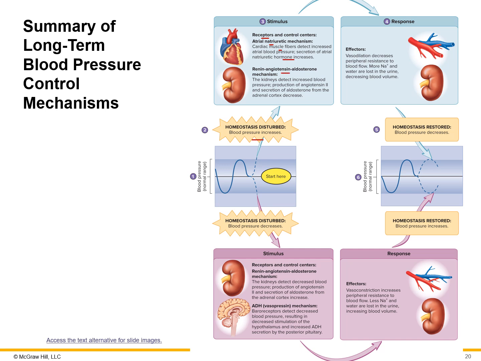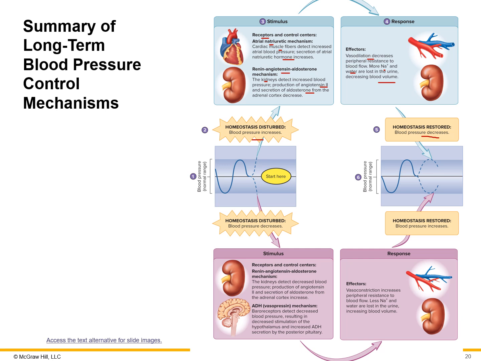We also get the renin-angiotensin-aldosterone mechanism in our kidneys that detects that increased pressure, and it's going to produce angiotensin 2, and aldosterone secretion from the adrenal cortex is going to decrease. So overall, from those, we get vasodilation that decreases the resistance to the blood flow. We get more sodium and water lost in the urine, so increasing urine output to decrease blood volume. That's going to decrease our blood pressure and bring it back to normal.